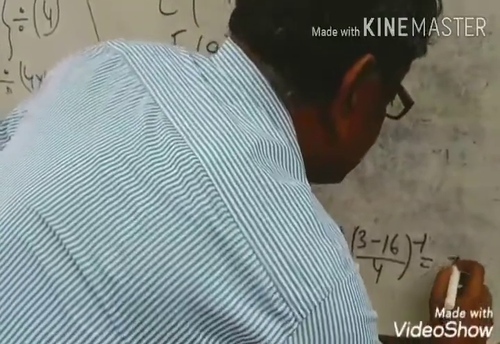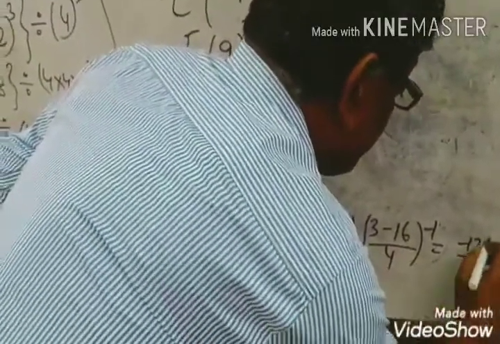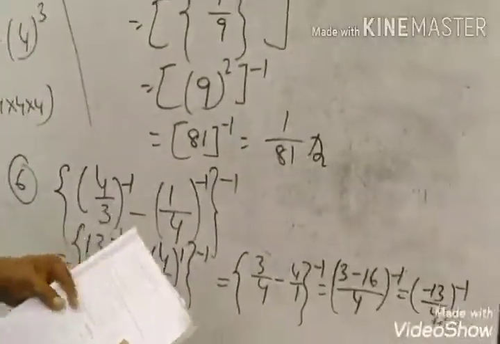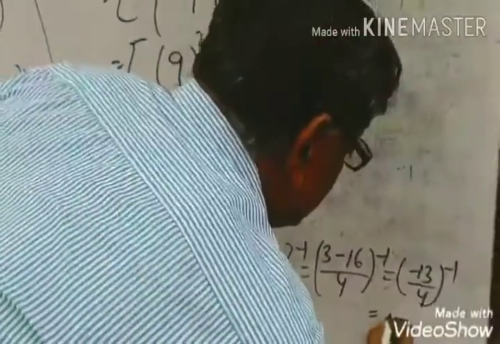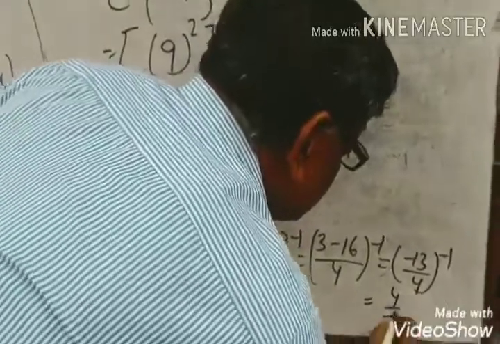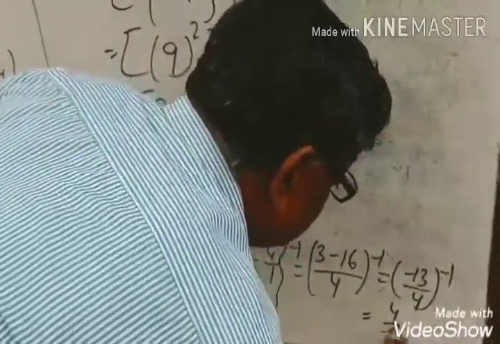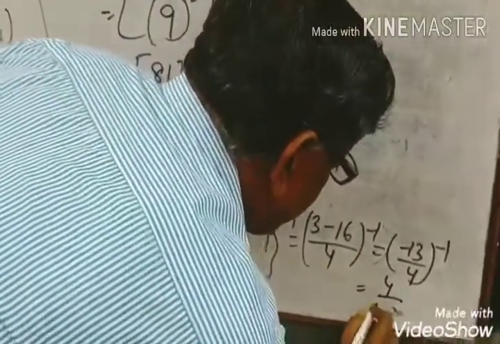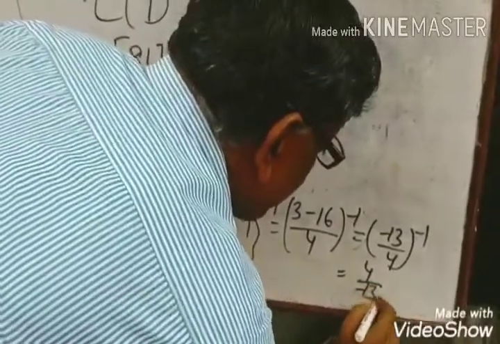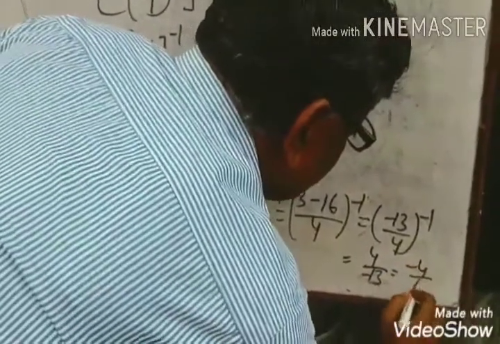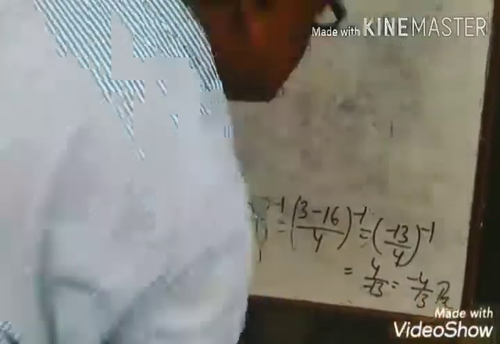Equals (-13/4) to the power minus 1. The result is 4 by minus 13, equals minus 4 by 13. This is the answer.